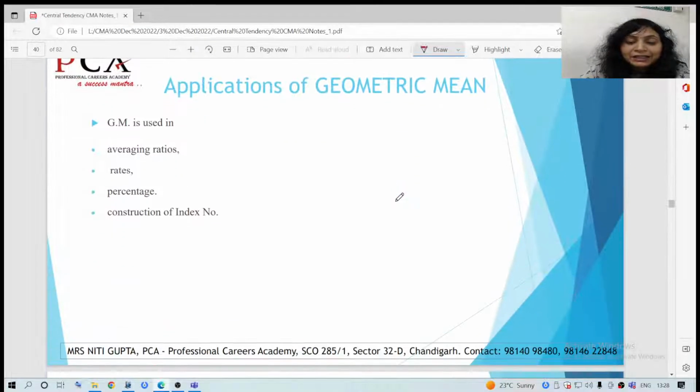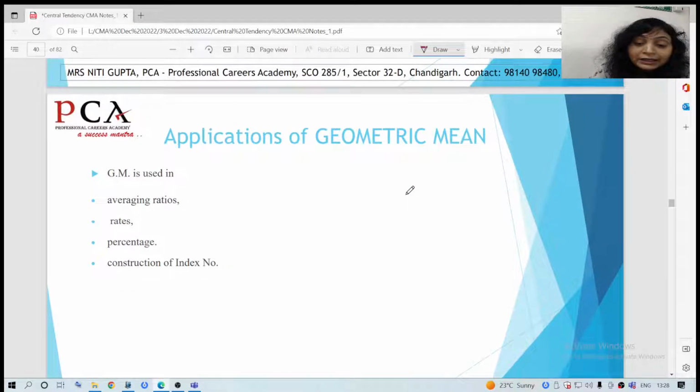Next, application. This is very important: the scenario where we apply geometric mean.